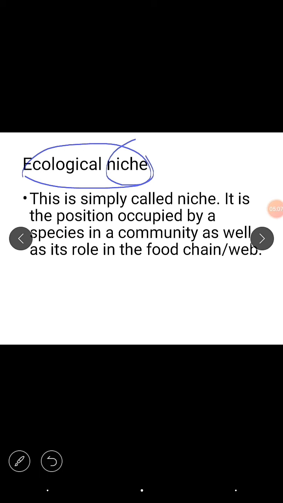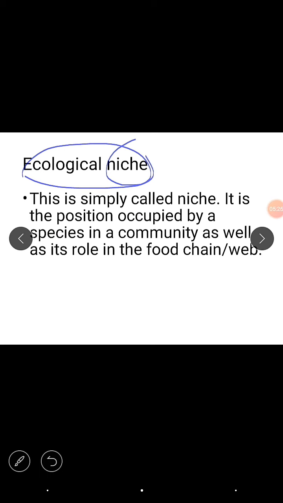So those are the particular positions that are being occupied by the organisms, and that's what you refer to as the ecological niche, and that will also contribute to its role in that habitat, in the food chain, and then also in the food web.